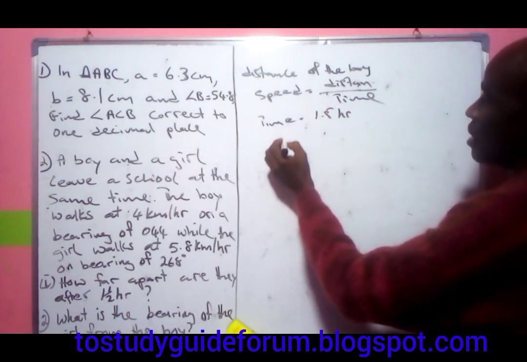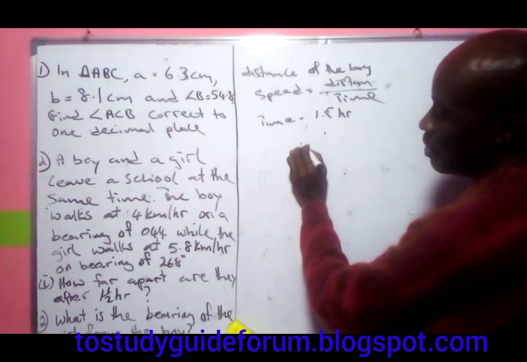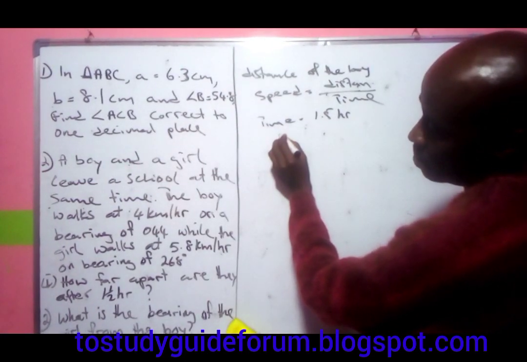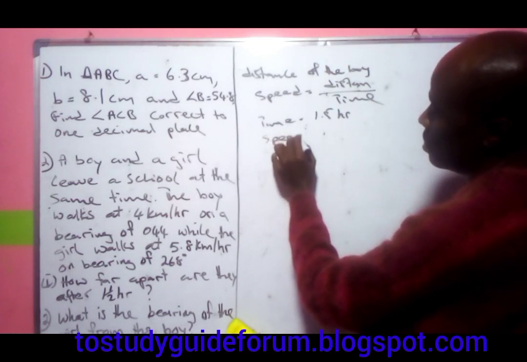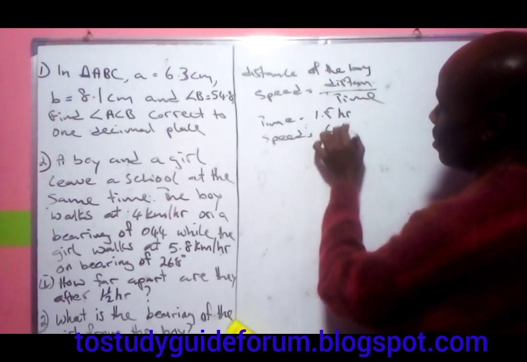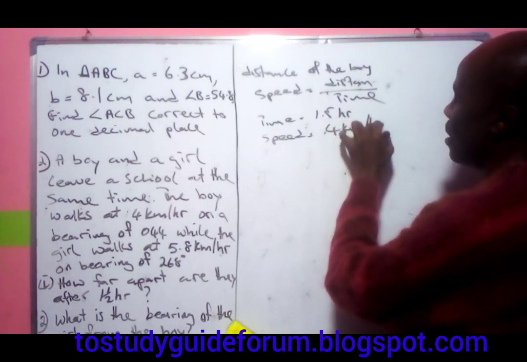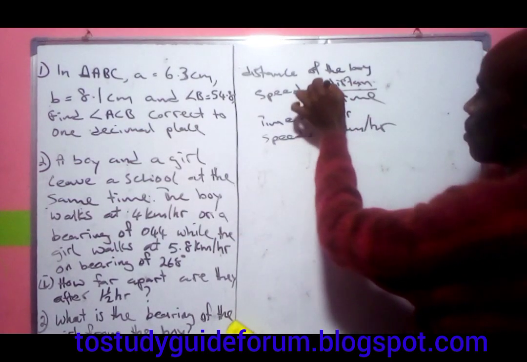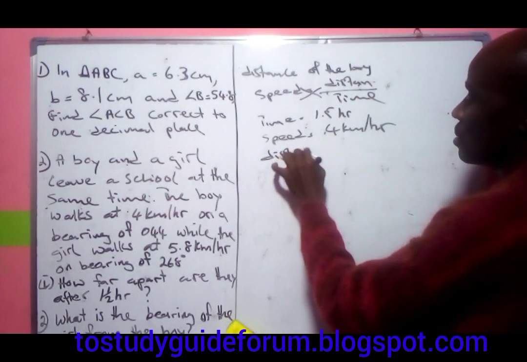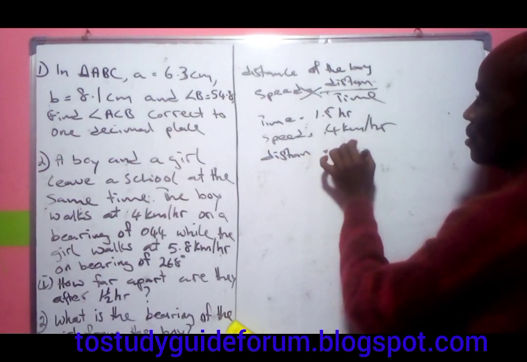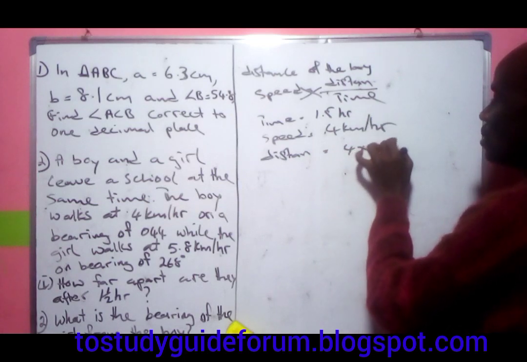The distance is unknown, but the speed of the boy is 4 kilometers per hour. So when we cross multiply, the distance away from the school will be 4 times 1.5.